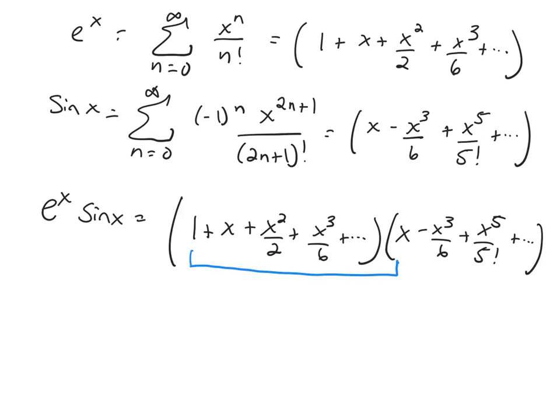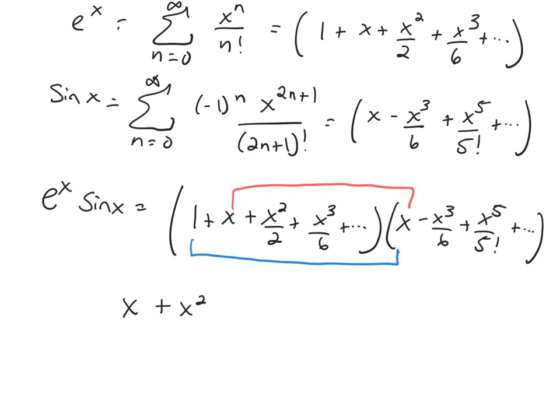That's my first term. Now what's the next power I can get here? X squared. How can I get x squared? X times x. Do you see any other way to get x squared? No. Plus x squared.